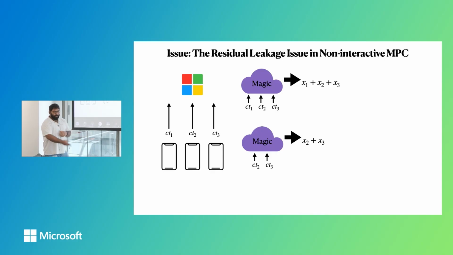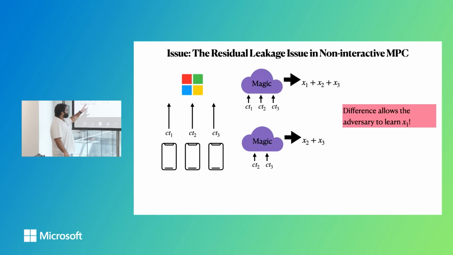Because you're only going to speak once. You don't need to speak to the clients again. Maybe I can use this magic function to compute some other subset of the ciphertexts, and this ends up letting the server learn maybe the inputs of a single party, right? This is a residual leakage attack, which is actually common in the non-interactive MPC world, and we want to solve this problem as well, even if we consider these one-shot interactions.